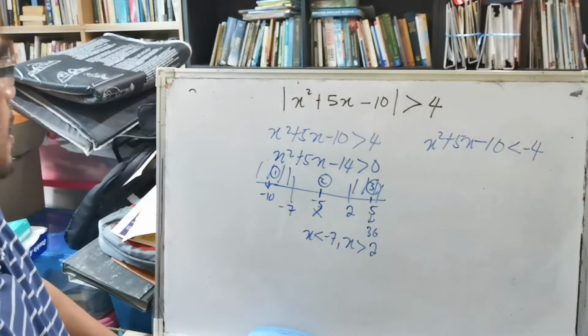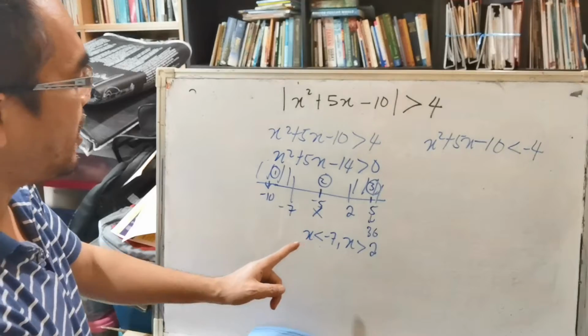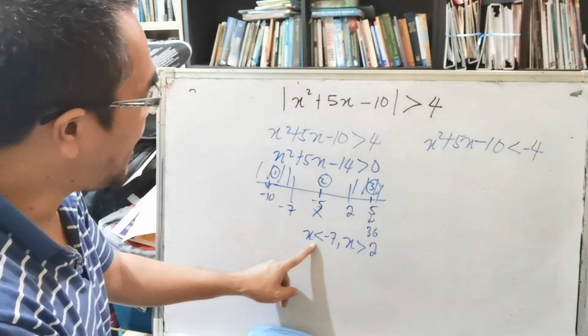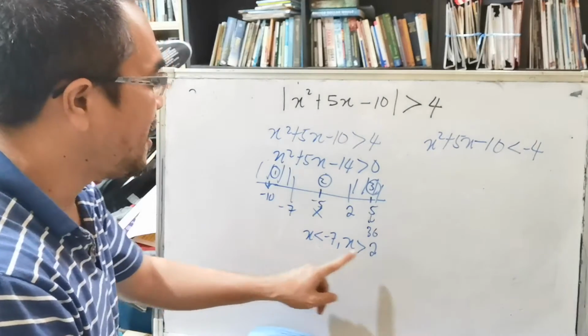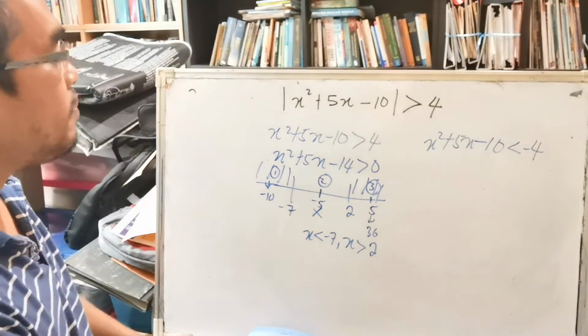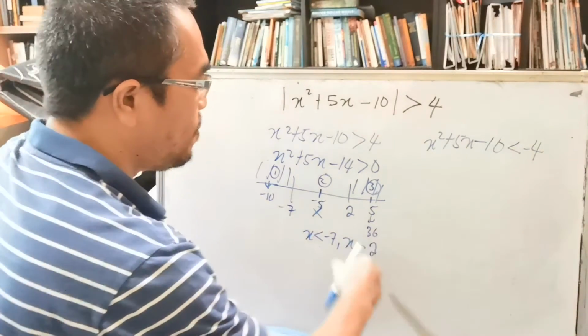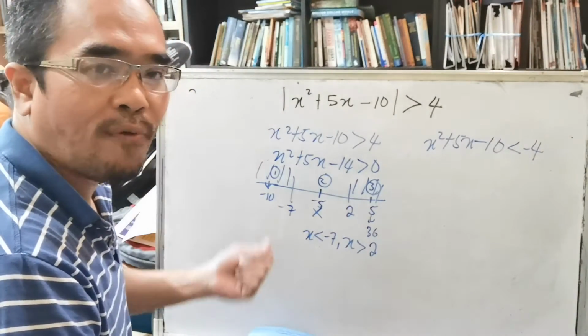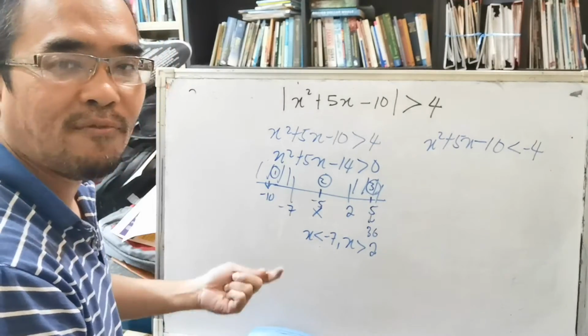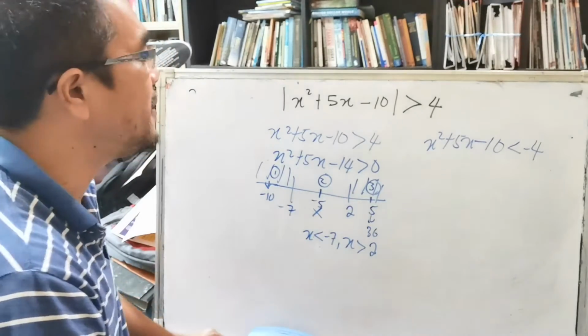In order to find the value of x, you just pick any value that is less than negative 7 or any value that is more than 2. So in this case, the value of x have infinite value, just any value that fulfill the requirement.